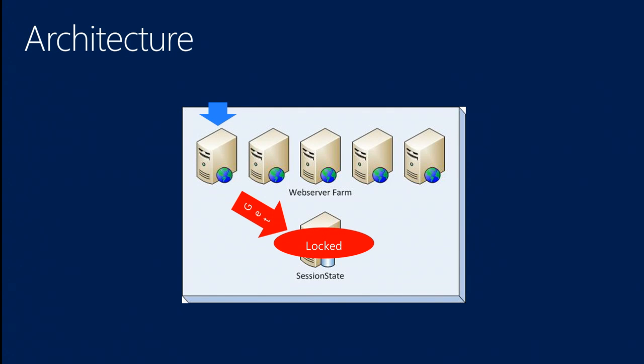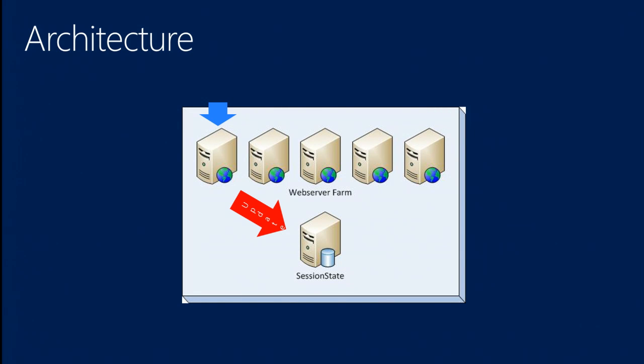This lock is not a SQL Server lock. This is an application side thing that is just an update flag. But this lock then stays on while the web server does the computing of the web response. After the computing is finished, so the web page that it's going to send out is already finished on the web server, then it updates the session, and only then gets the lock released from the system.